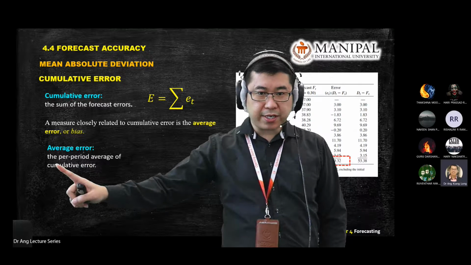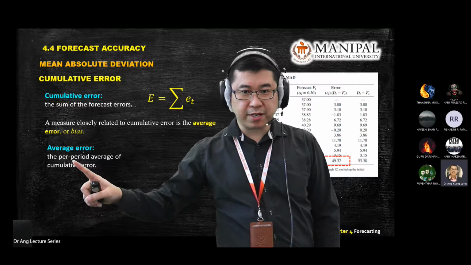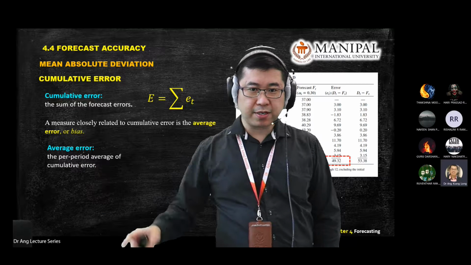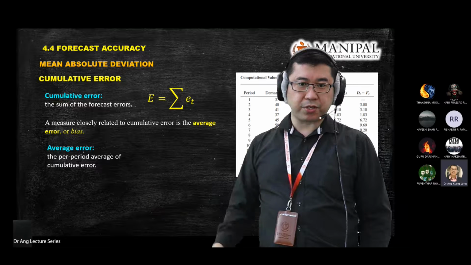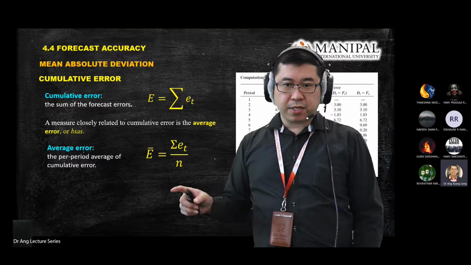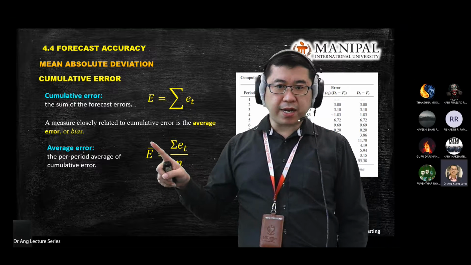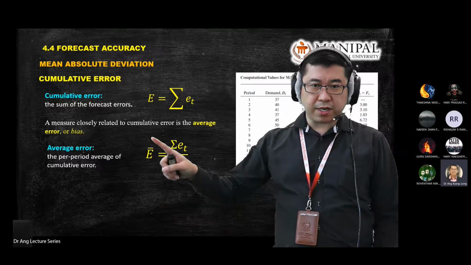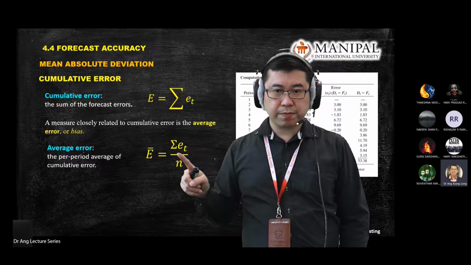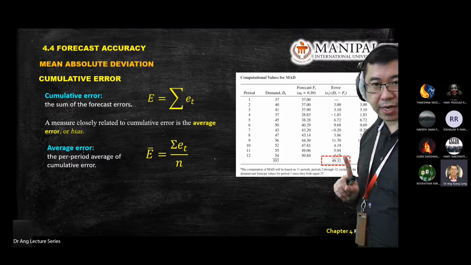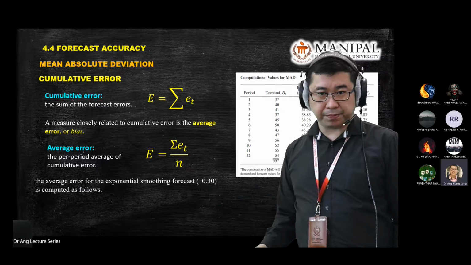Average error is the period average of cumulative error, not per period. The equation for average error, capital E with a straight line above, equals total error that you calculate from the table divided by total time.